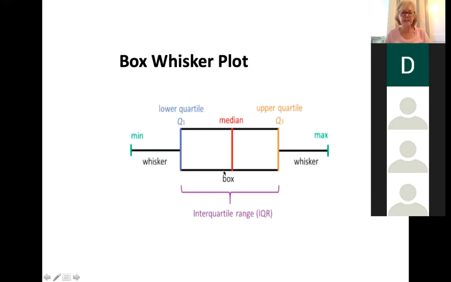The next thing it does is it moves itself up to the 25th percentile. It finds the number so that 25% are below that number, and 75% are above that number.